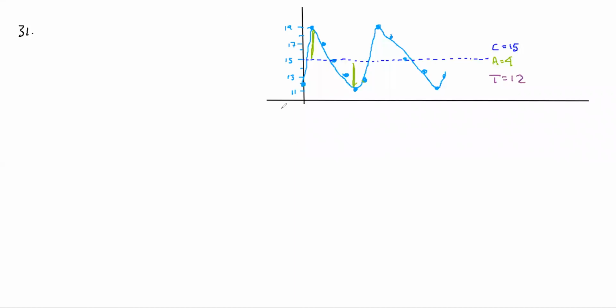So my period is equal to 12, which is equal to 2 pi over b. So I'm going to solve for b.